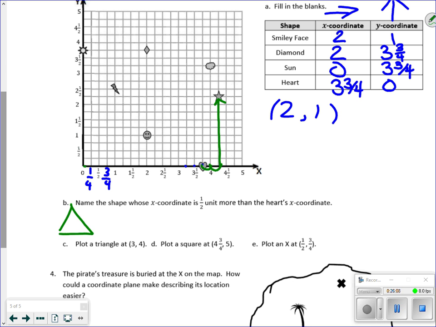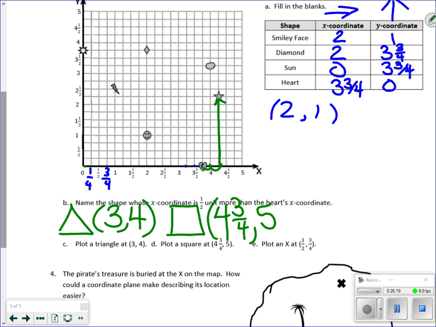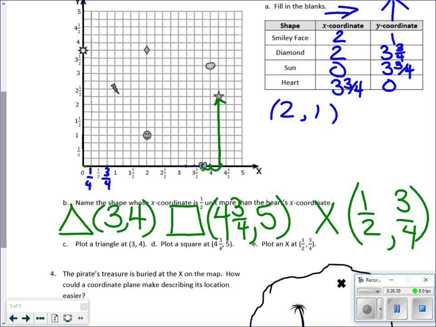Plot a triangle. I want you to do this. Put a triangle at 3 and 4. Put a square at 4 3/4 and 5. Put an X at 1/2 and 3/4.